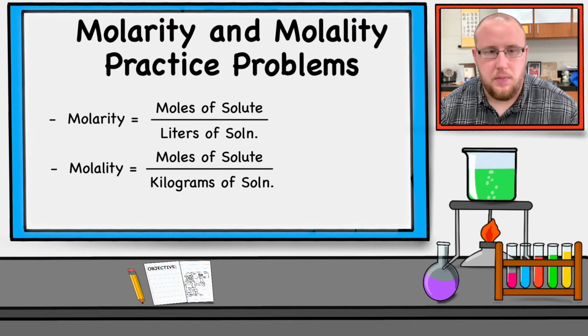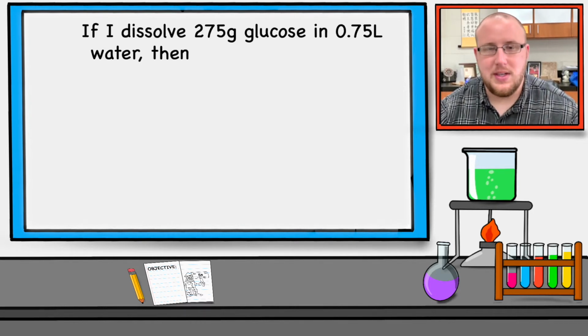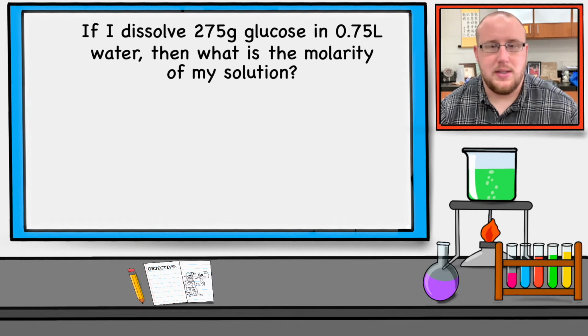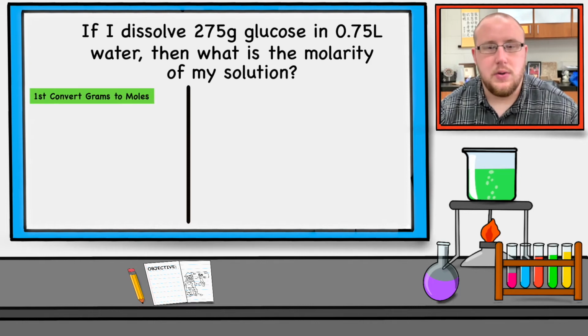So here we go. Our first problem states that if I dissolve 275 grams of glucose, which is C6H12O6, in 0.75 liters of water, then what is the molarity of the glucose solution? So first we're going to convert our grams of glucose into moles.